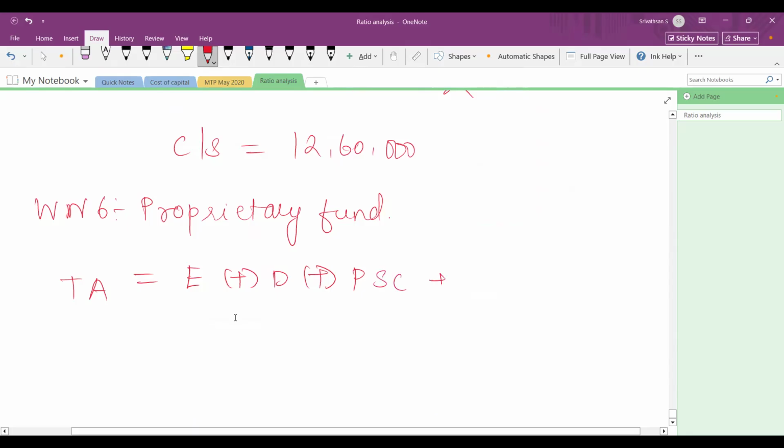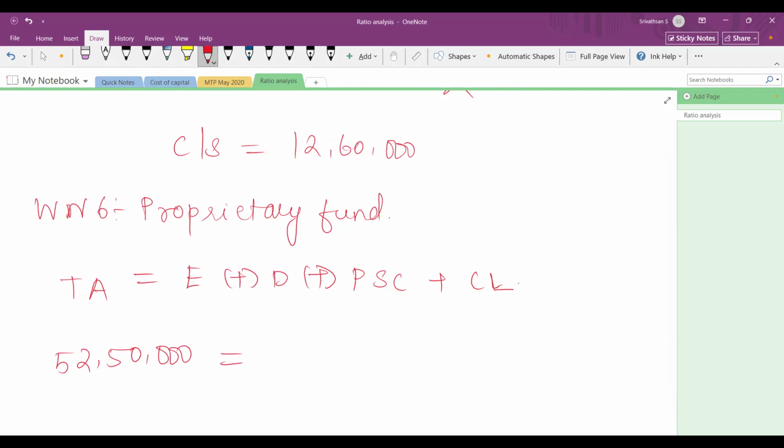Equity plus preference share capital plus current liability. Total asset is equal to equity plus debt plus preference share capital plus current liability. Is this point clear? Now what is the total asset? 56 lakh something? 52 lakh 50,000 is equal to equity.